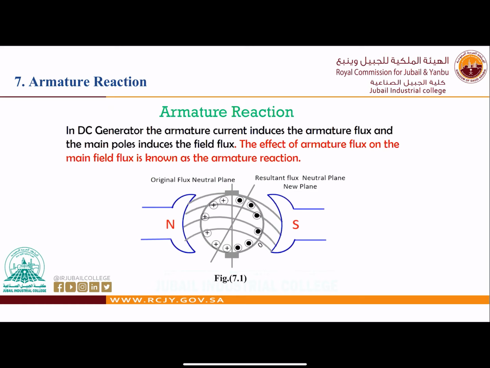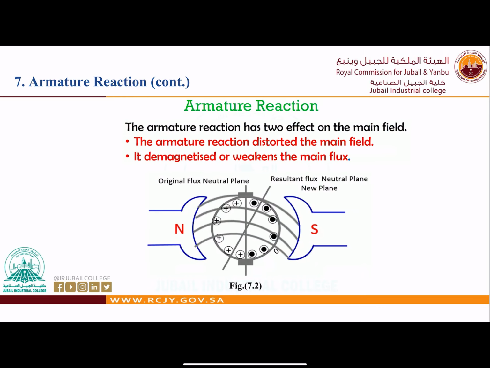As this sentence says, the effect of armature flux on the main field flux is known as the armature reaction. So the armature reaction is the effect of the armature flux on the field flux. That's it. Now, what will happen if we have an armature reaction?